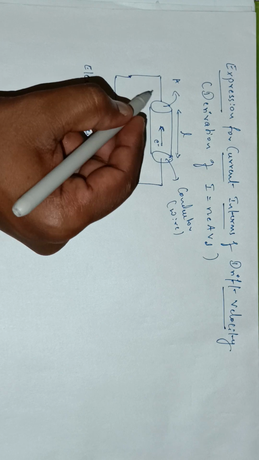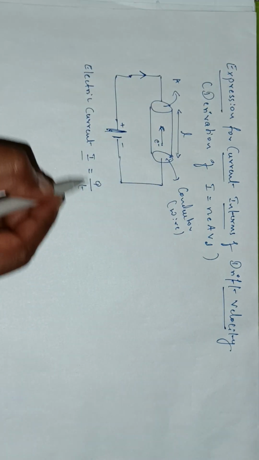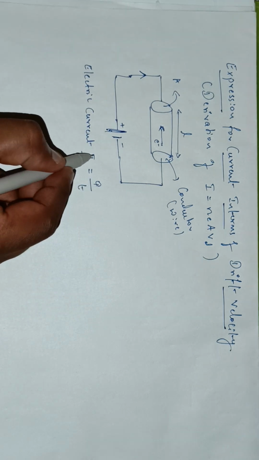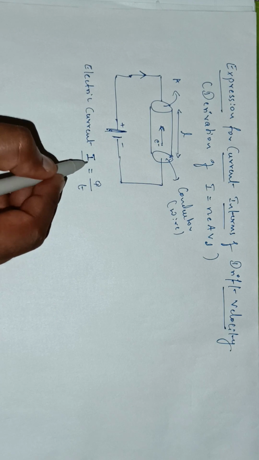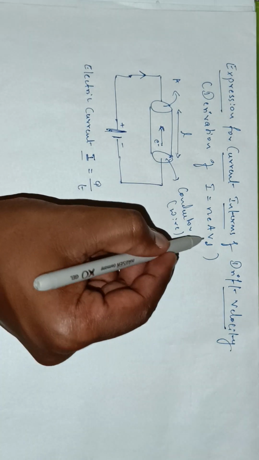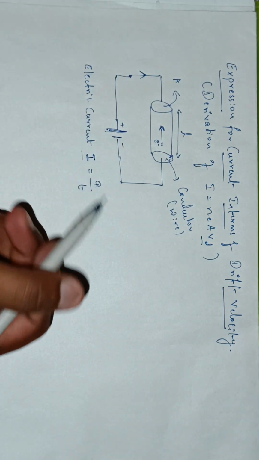The current inside the conductor is nothing but the flow of charges with respect to time. This we know. So we have to find this expression for electric current in terms of drift velocity, which we derived in the last video.